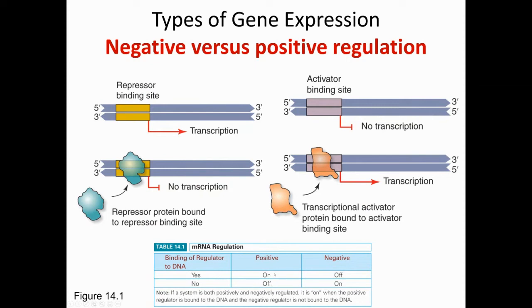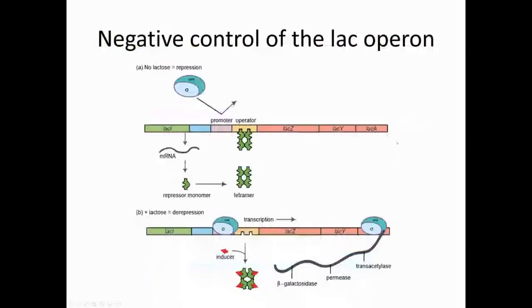If you bind, then it's on. So if there's no regulator, no transcription. If you have regulator, you have transcription. This is positive regulation. Negative regulation: if there's no binding of a regulator, then there's transcription. If you have binding of a regulator, it's off. That's negative, and this is positive.